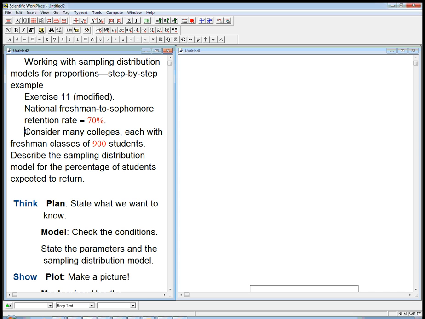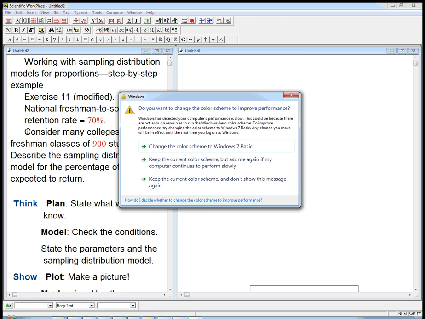All that means is that for each of those different colleges, we're kind of assuming they're random samples of the entire freshman population of the country. For each of those samples, each college, they're going to have some percent that return. They're not necessarily going to be 70%.